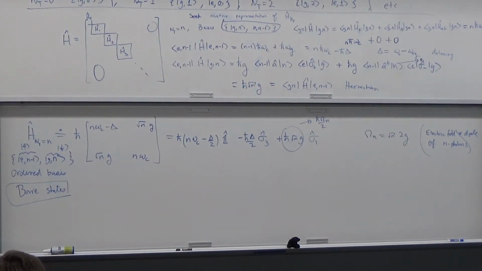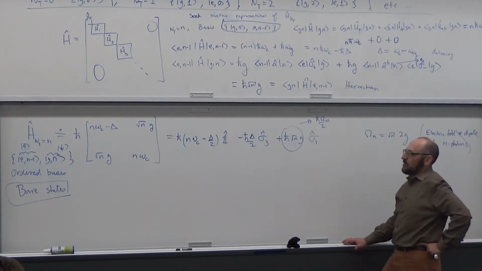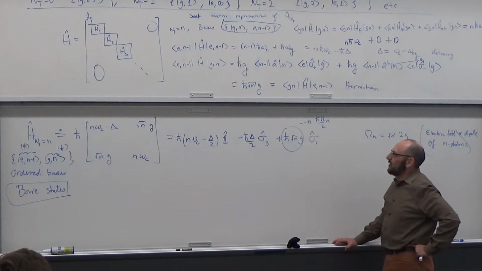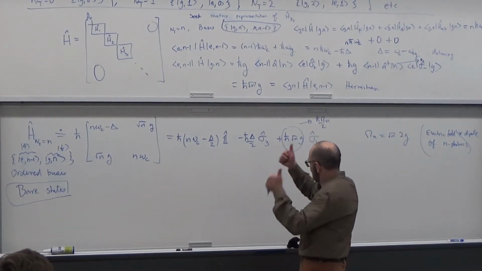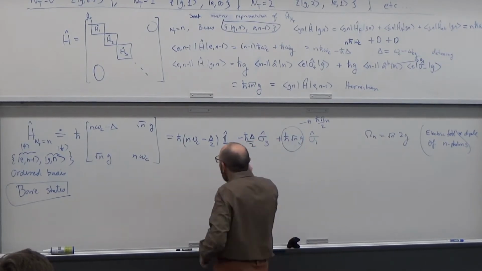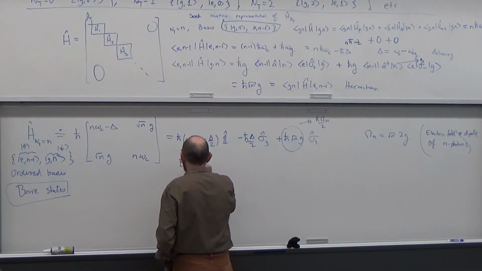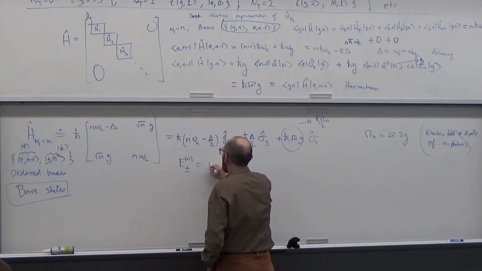What are those new, well, easier question. What are the eigenvalues of this matrix? Is that first term plus or minus the square root of that thing? Exactly, exactly. So for a given n, we have two eigenvalues.